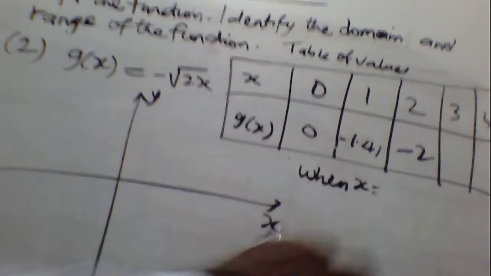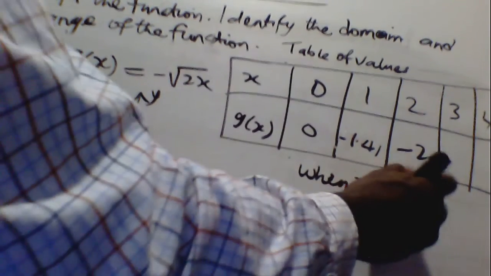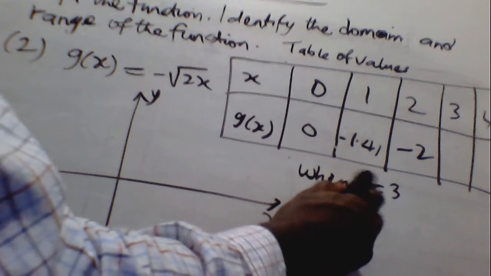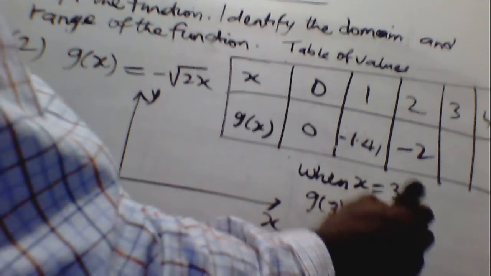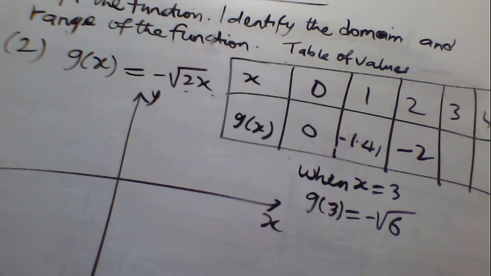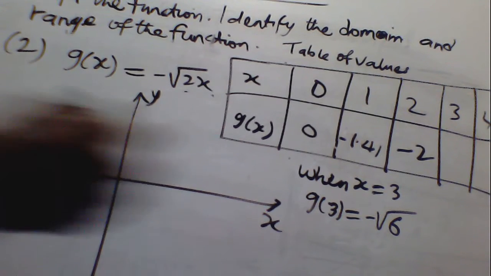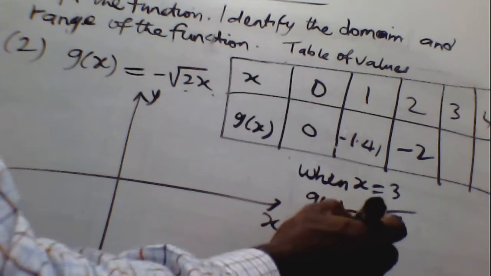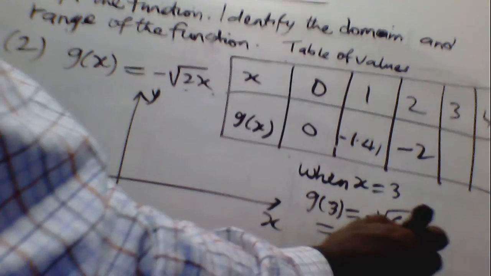So you check for x equals 3. g of 3 will give us minus the square root of 2 times 3, which is 6. You check the value of the square root of 6. That will give us minus 2.45.